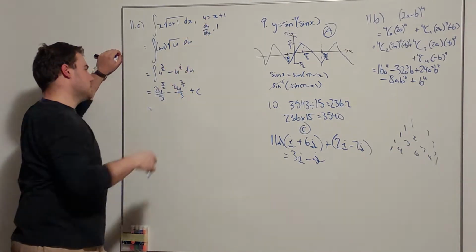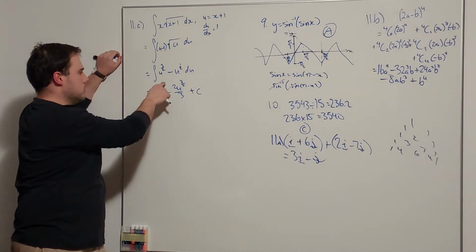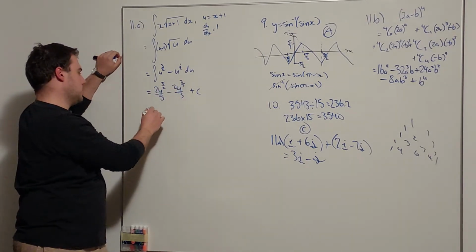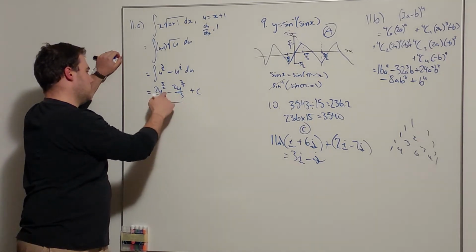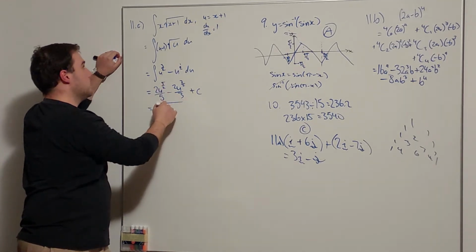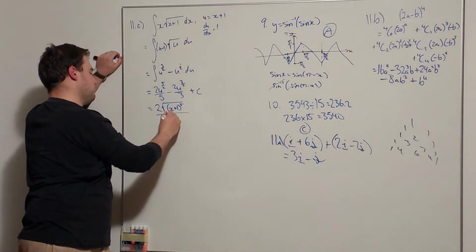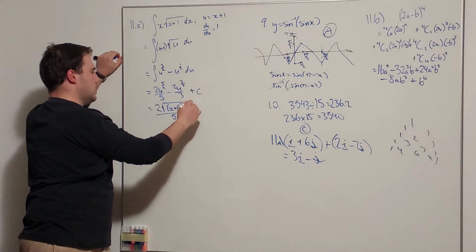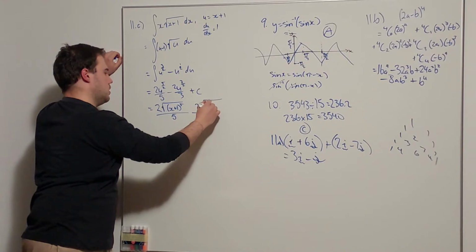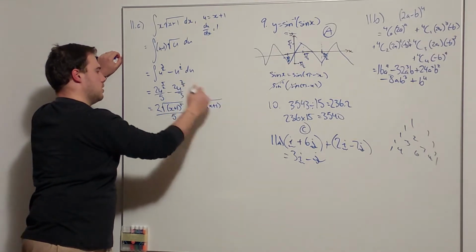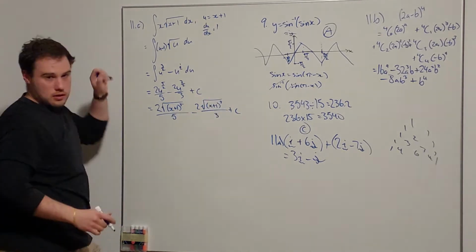And then we can replace u back with x plus 1, and then our denominators are going to be square roots, and then these powers are still going to be left here. So we're going to have 2, this bit here is going to be root u to the 5, and u is x plus 1, minus 2 root x plus 1 cubed plus c.